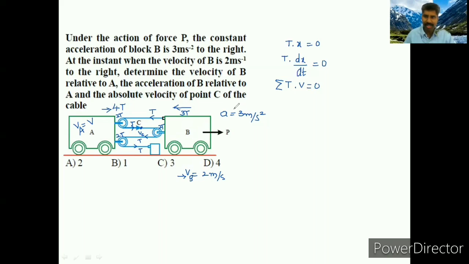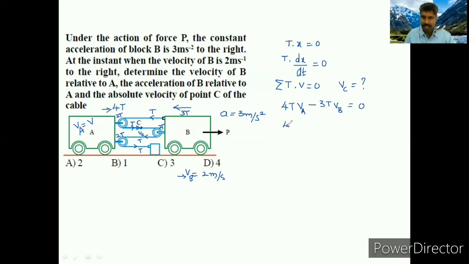We need to calculate VC, the velocity at point C. Now from this, tension 4T with velocity VA minus 3T with velocity of block B is equal to 0 we can write.